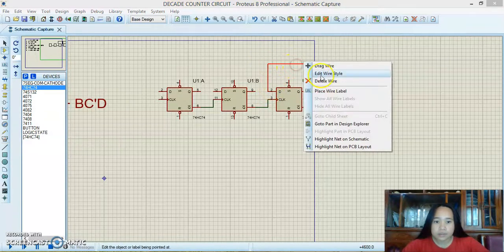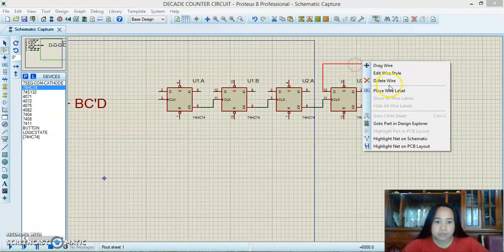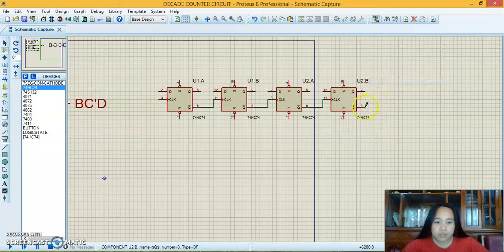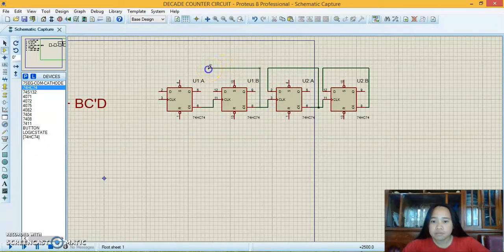Wait, it's wrong. Okay, wrong. And here. Same process.